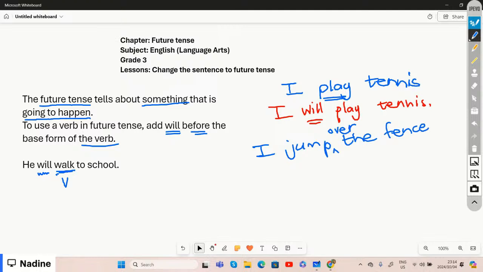So I jump over the fence. How are we going to change that to the future tense?